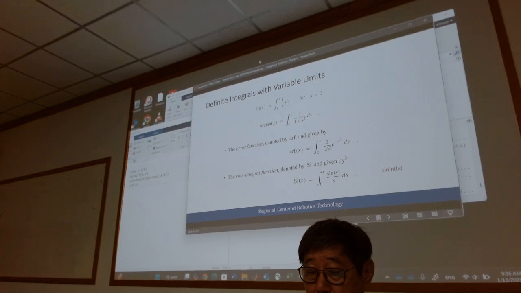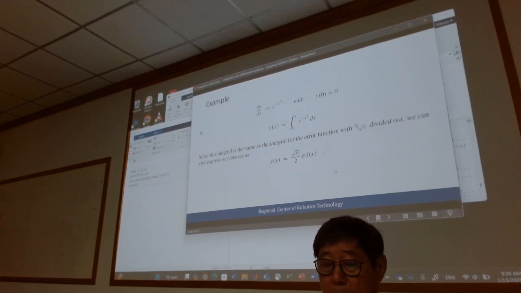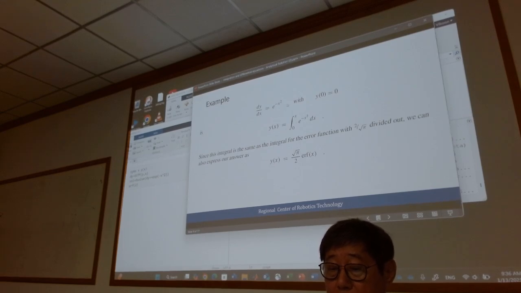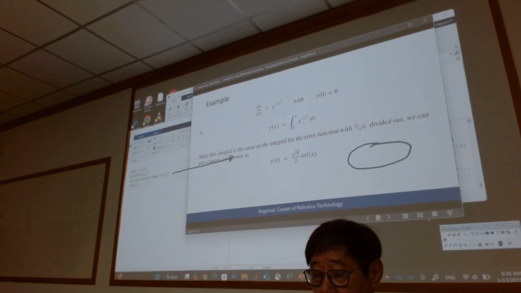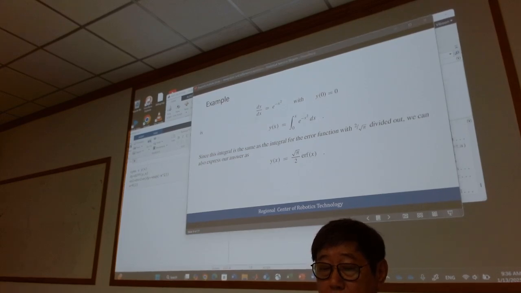Inside this one has to be radian, right? The unit of this one has to be radian. Okay, so we have this one, y solution this one. You see, you cannot actually integrate this one.